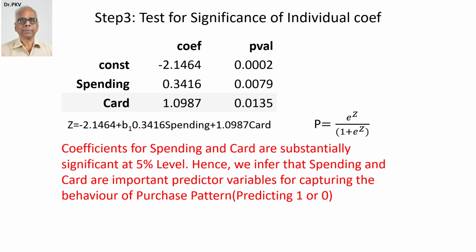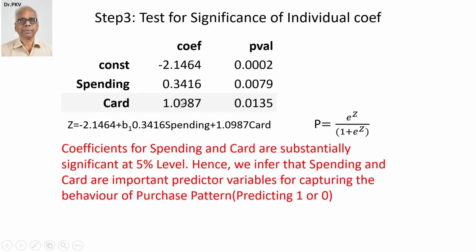Now we have to test whether the individual variables are significant, and the output, Python output, is displayed here for ready reference. Constant, spending, card, and these are the coefficients. Then the p-value is displayed here. For a moment, let's not worry about the constant. The interpretation part is extremely critical for spending and card, that are the two predictor variables.